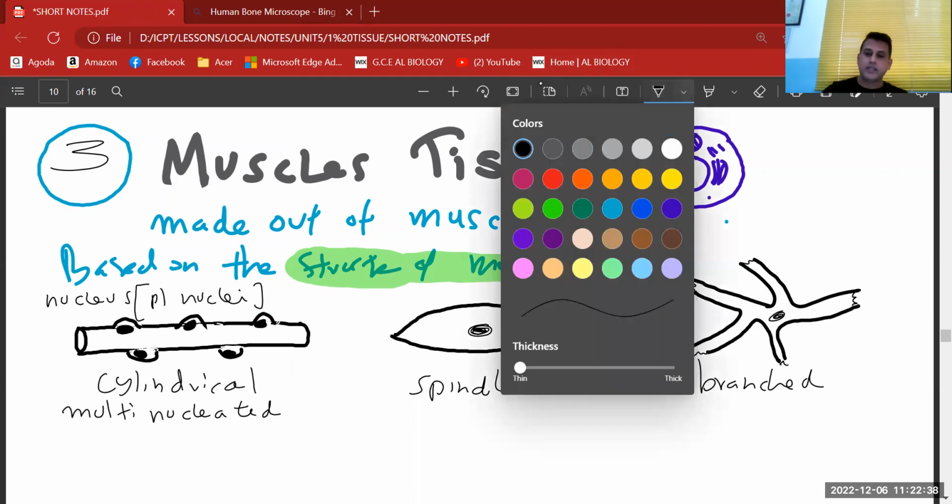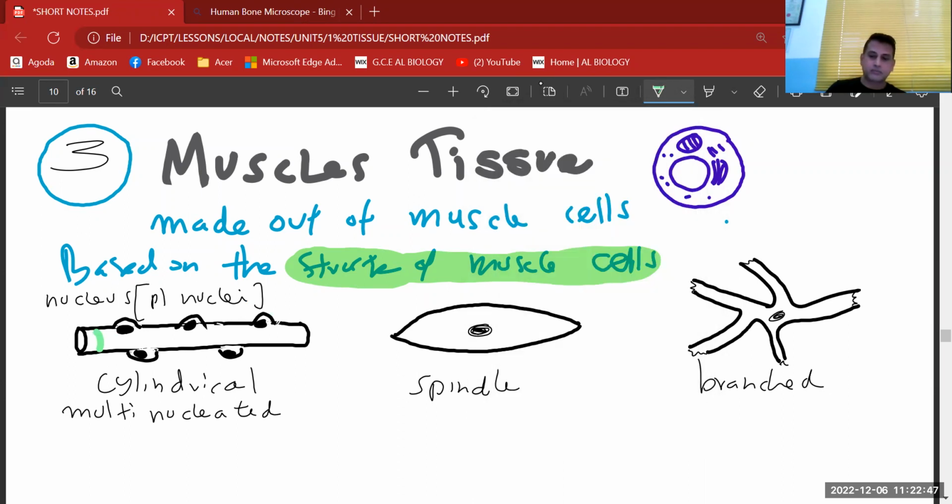And again, another thing: if we look at this muscle cell, we can see some kind of bands like this, and this one also.